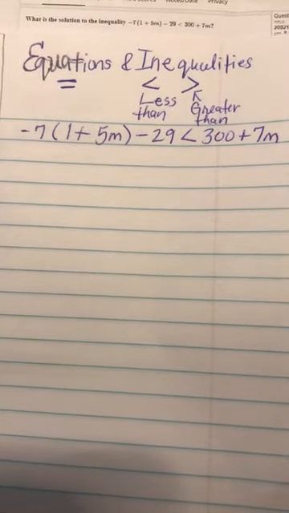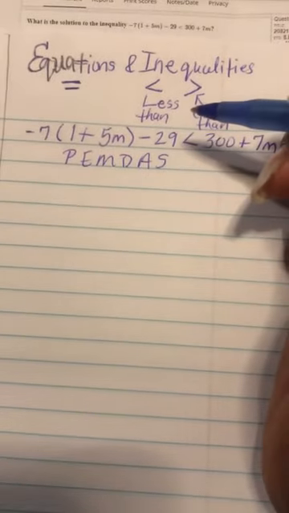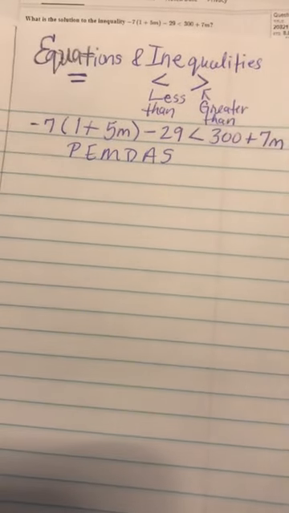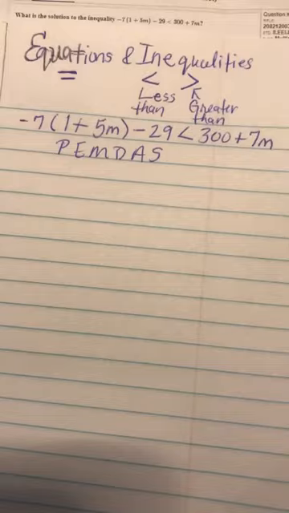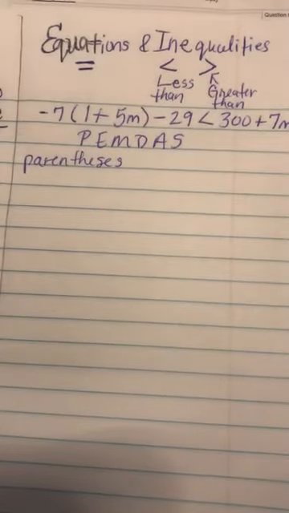We are going to use PEMDAS. P-E-M-D-A-S. Some people call it PEMDAS, but this is what we would look for first. The P stands for parentheses. The E stands for exponents.